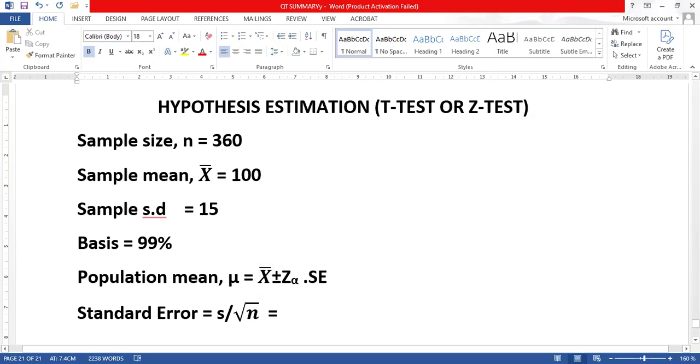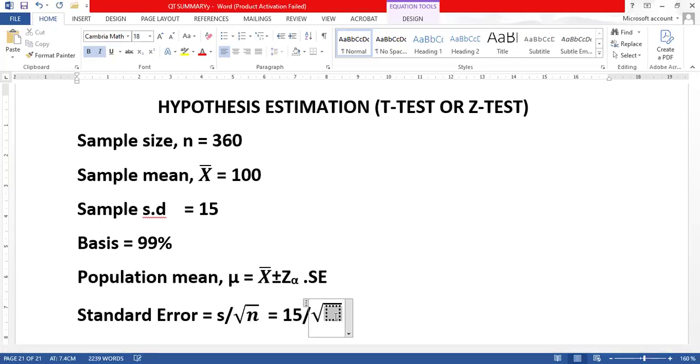What is our standard deviation? 15, divided by the square root of what? N. What is our N? So the square root of 360. What do you get?